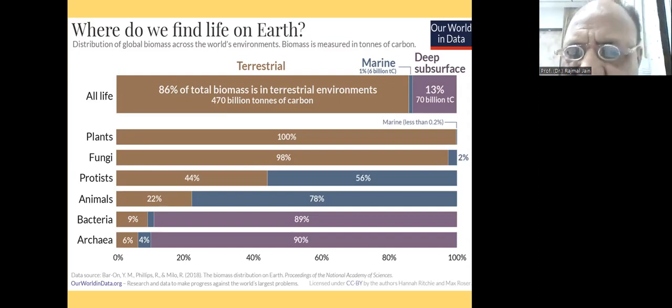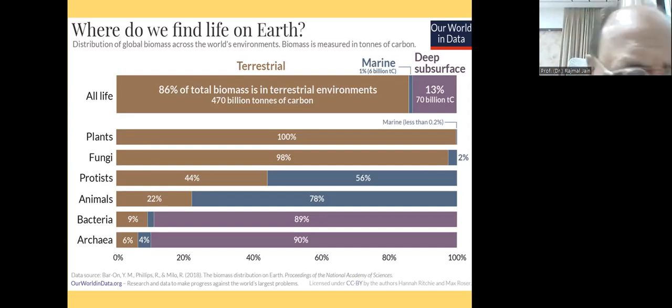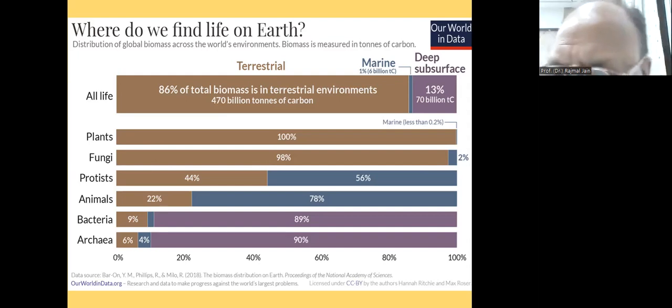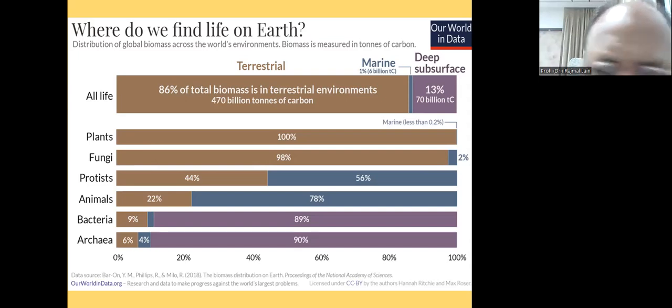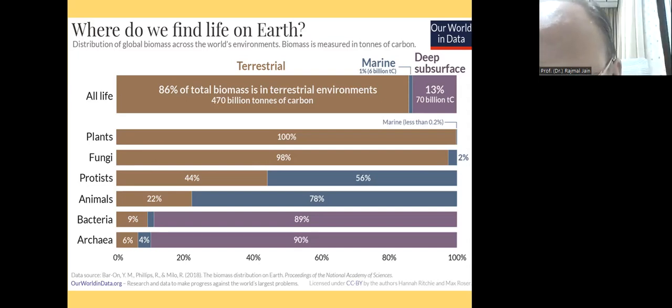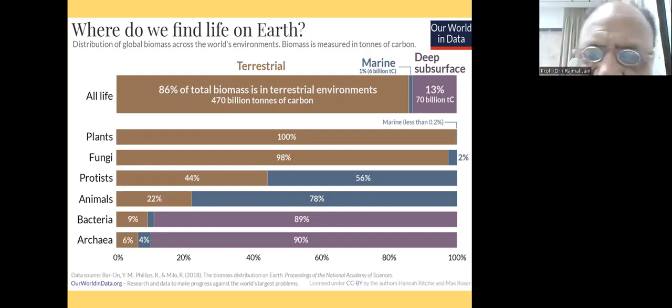The major portion of the life is on the terrestrial surface, that is in the geosphere, on the surface and under the surface. You can see that all the plants, Vanaspati Jeev, are 100% on this surface, but a very little bit is in the marine oceans also. So we cannot say 100%, but at least 0.2 to 0.5% is in the marine oceans.